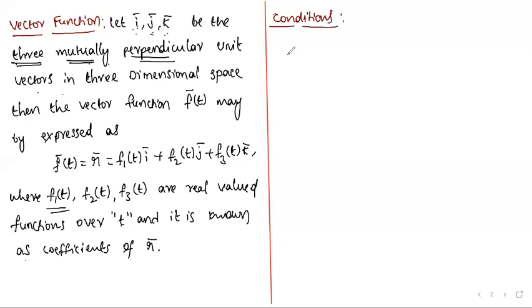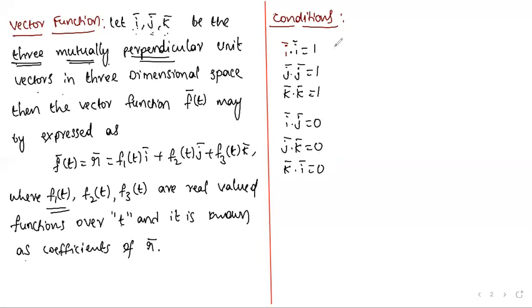Already in intermediate we learned these topics. That is i bar dot i bar is equal to 1, j bar dot j bar is equal to 1, k bar dot k bar is equal to 1, and i bar dot j bar is equal to 0, j bar dot k bar is equal to 0, k bar dot i bar is equal to 0.